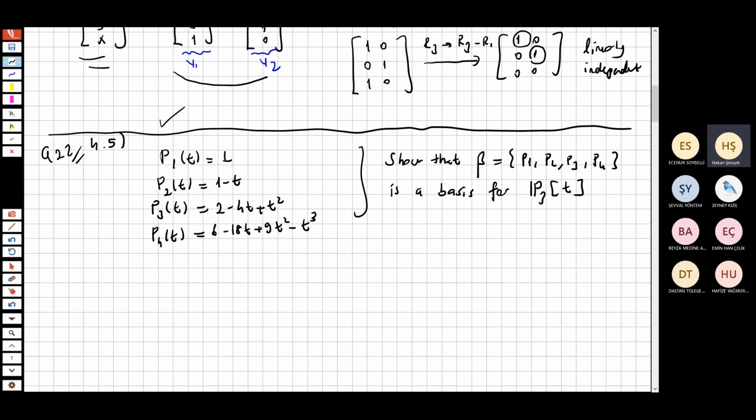If you remember, every polynomial actually corresponds to a vector.